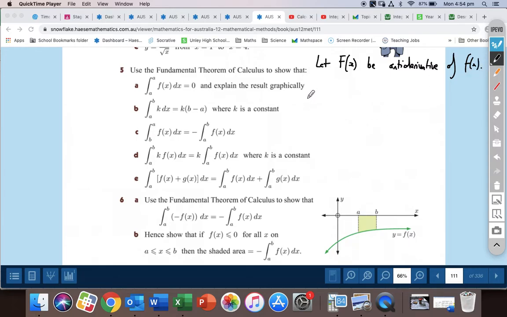And then on our left-hand side of this equation, our integral from b to a of f of x dx, that's going to be antiderivative of a minus antiderivative of b.